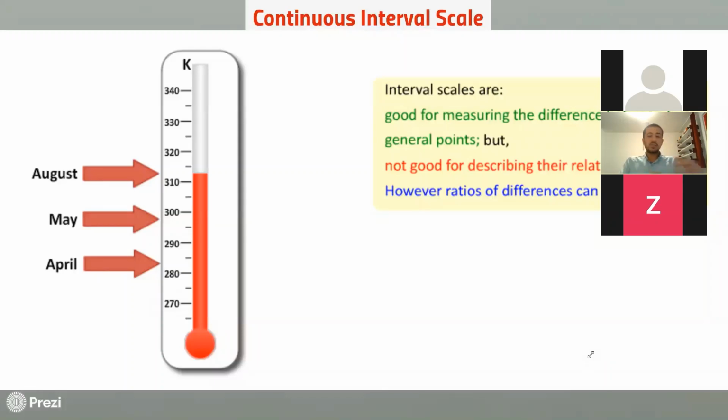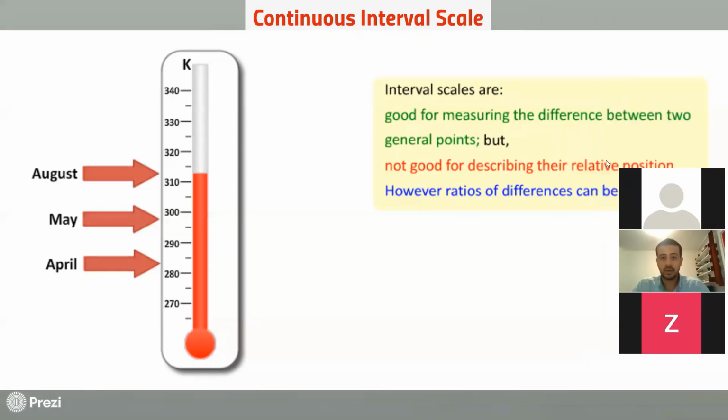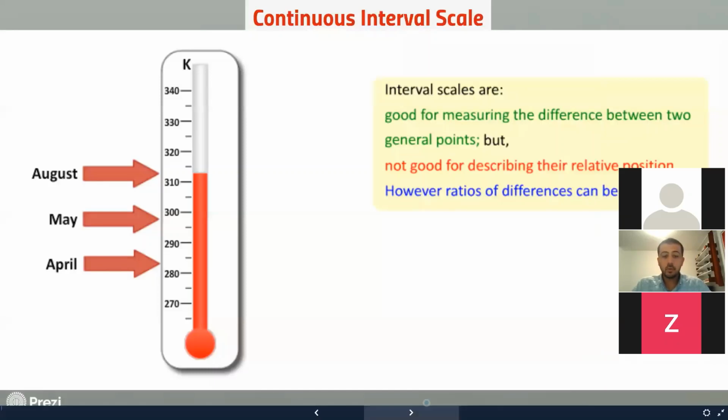It's just continuous, and we have degrees, but they can't form a ratio, where one is twice the other. But the intervals are the same. Please tell me if this is clear. Okay, so we will move on.